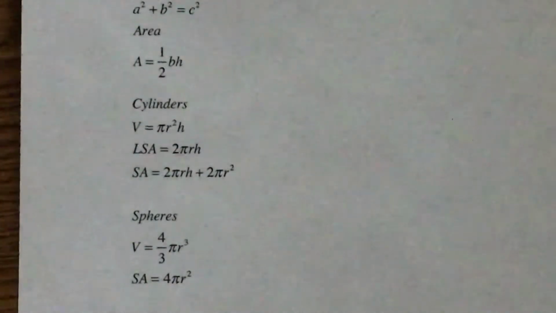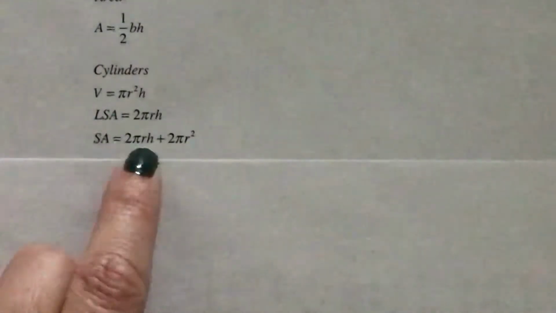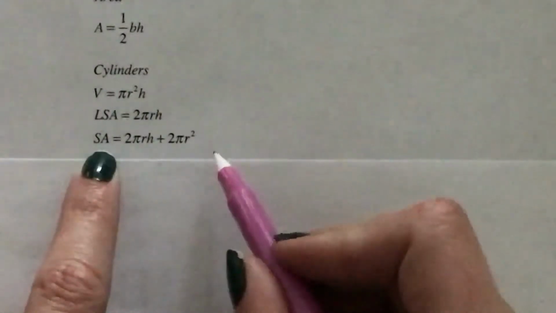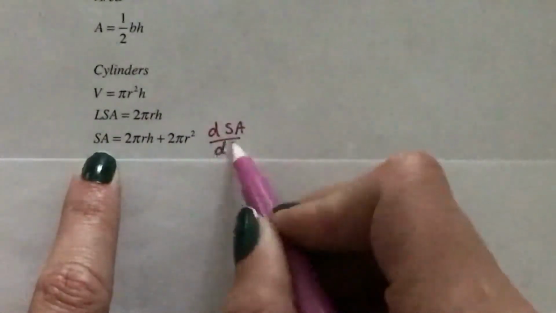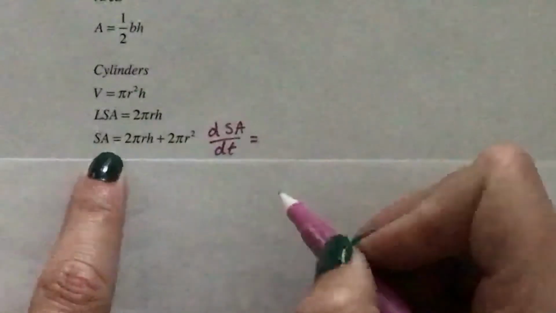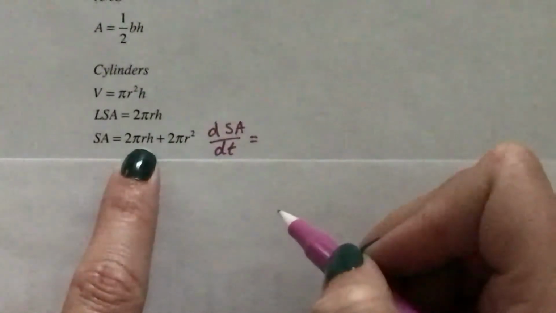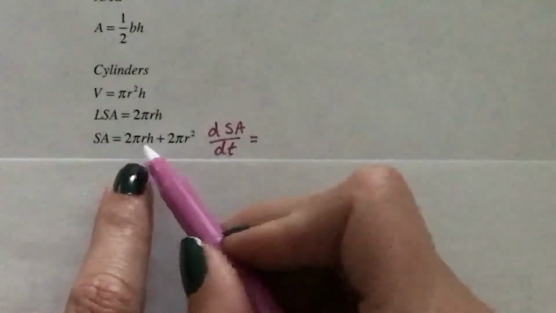All right, let's do surface area of a cylinder. So we've got 2 pi r h plus 2 pi r squared. Derivative of surface area, what's that going to be? Good. dSA over dt equals. What kind of rule do we need for 2 pi rh?